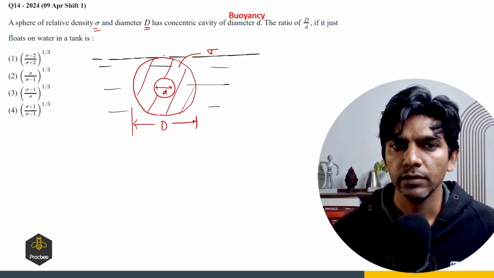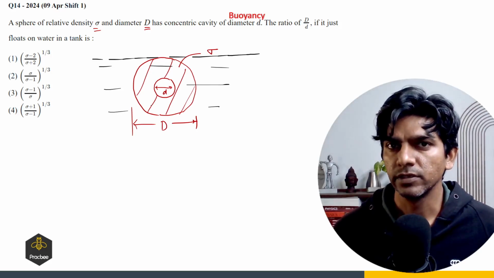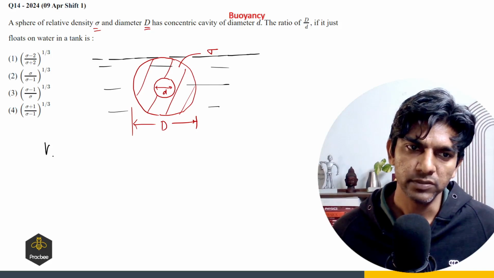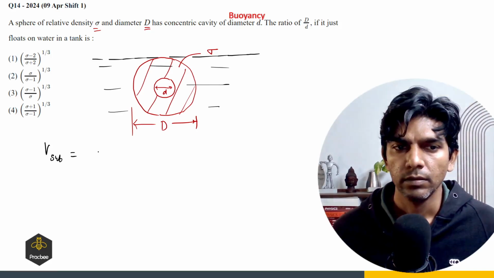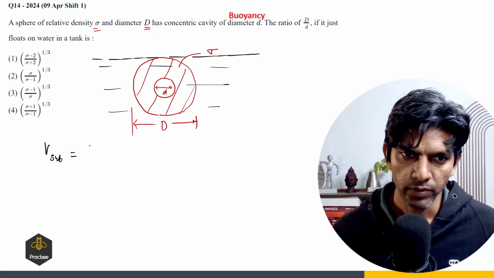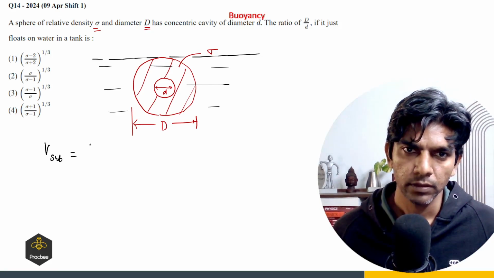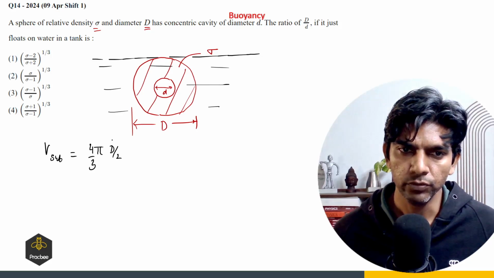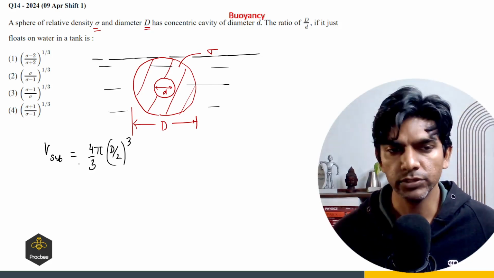then we can say the buoyant force is balancing the gravitational force. Now in this case, the volume displaced or submerged volume will be 4 by 3 pi (D by 2) cube, right? So that is the submerged volume.